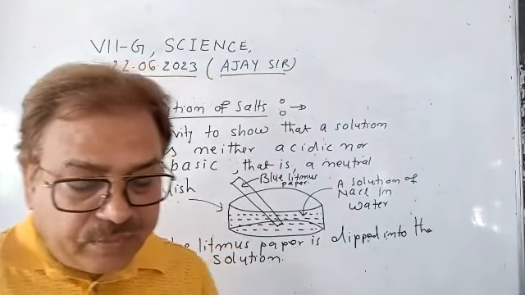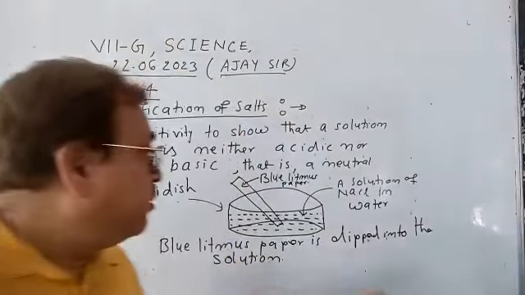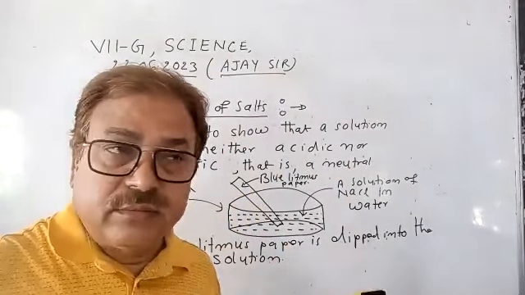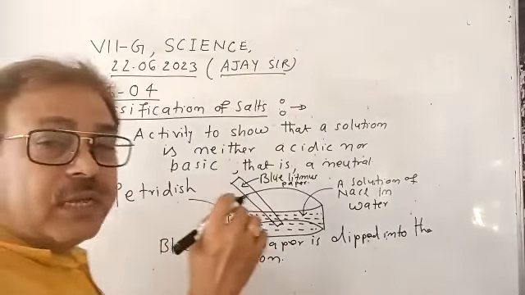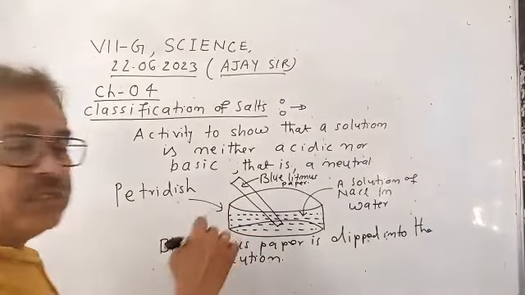When we put the strip of red litmus paper, the color does not change. So the point of observation is that the color of the litmus paper does not change.